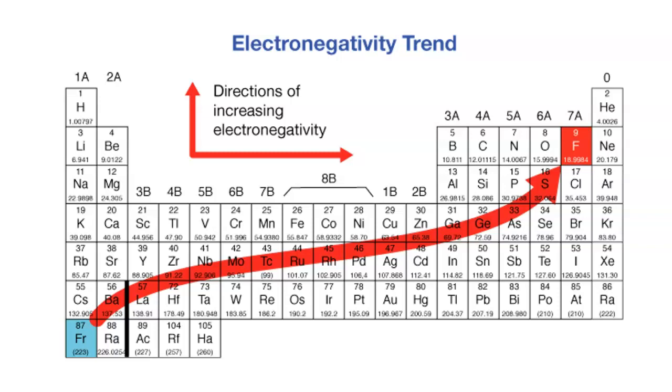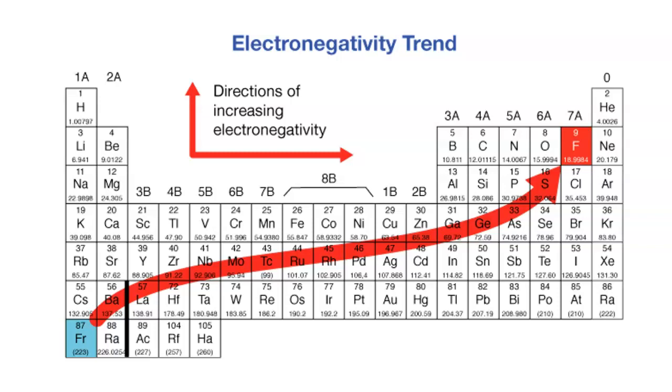So let's talk electronegativity, or just the polarity of molecules in general. Electronegativity is the ability of an atom in a chemical bond to attract electrons to itself. Your exception, again, remember, is hydrogen, because its electronegativity sits between boron and carbon. Fluorine is the most electronegative element on the periodic table.